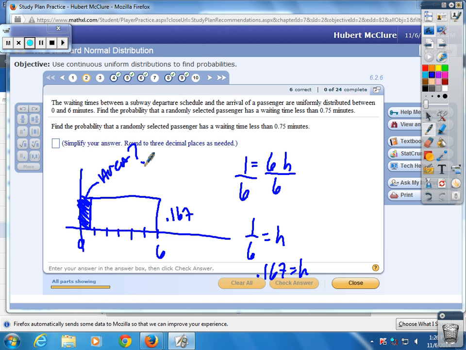So what is the base? 0.75. The base is 0.75 and the height is 0.167. Now you need your calculator. So 0.167 times 0.75.